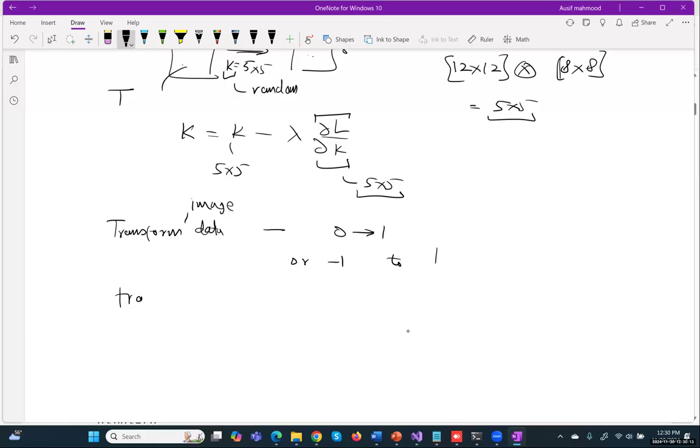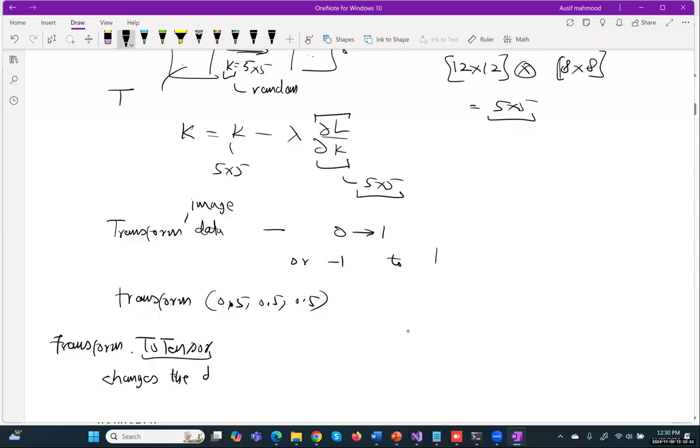If we use the transform ToTensor, so in PyTorch, if you call this ToTensor function via the transform, it changes the data to 0 to 1.